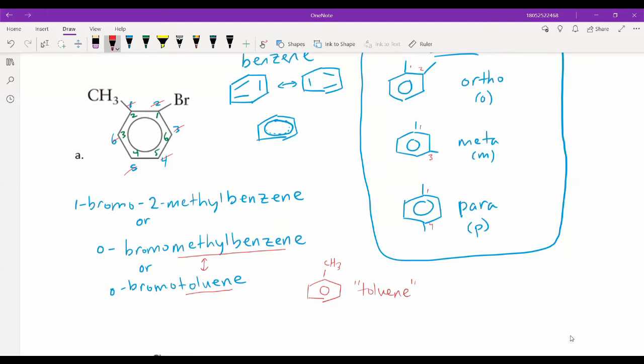There are a couple more in the book that are sometimes used with benzene, just like common names. You can look at them. I don't think they're that important to memorize. But again, refer to whatever your professor talks about in lecture, and it would be important to abide by those rules.